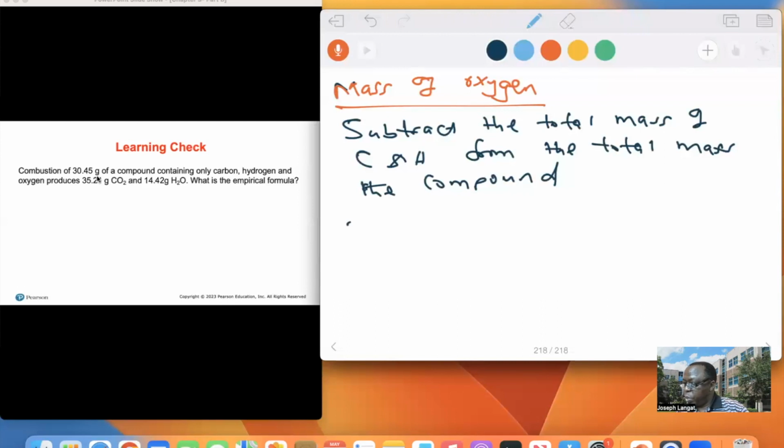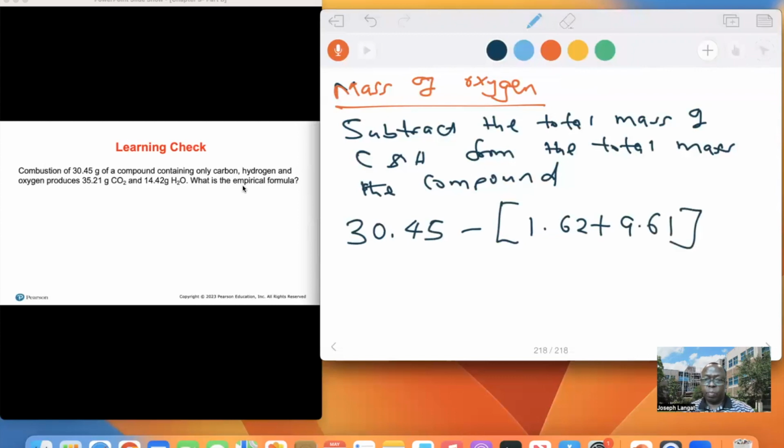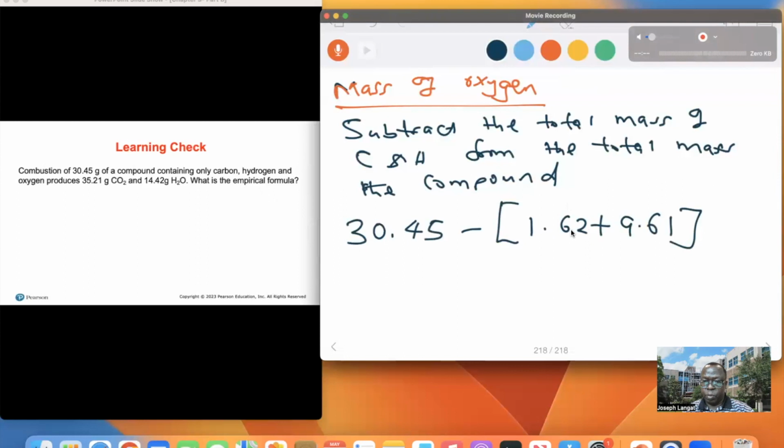This is going to be 30.45, which is this one, minus the combined mass, which is 1.62 plus 9.61. This is the mass of hydrogen.